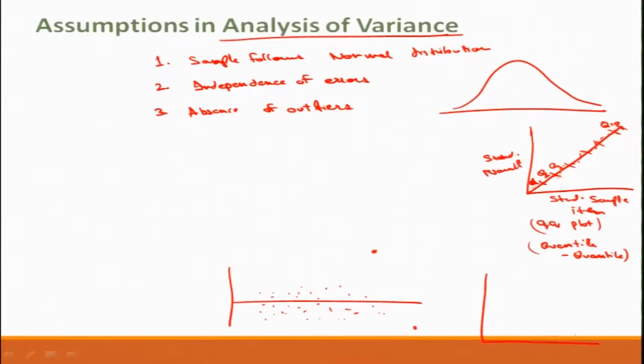For example, if this is the data and this is the model here, and I have a few outliers, 1 or 2 points which are far behind, the model would come like this. These outliers would affect my model. They will try to attract the line toward themselves. So, that would affect it.